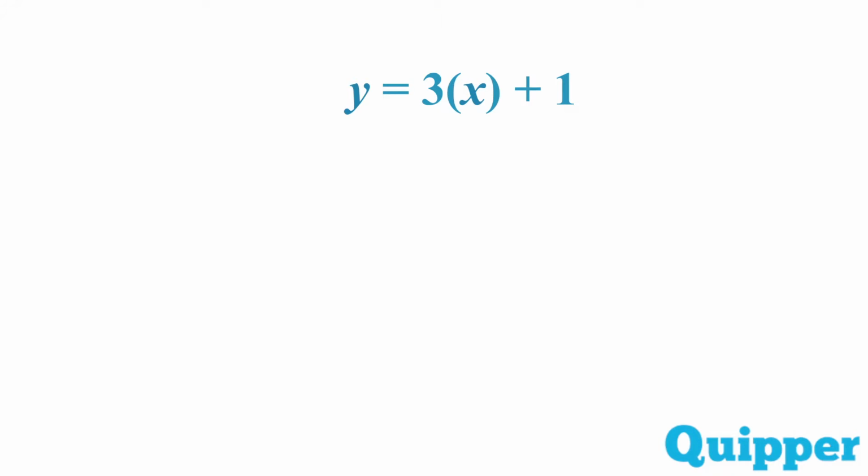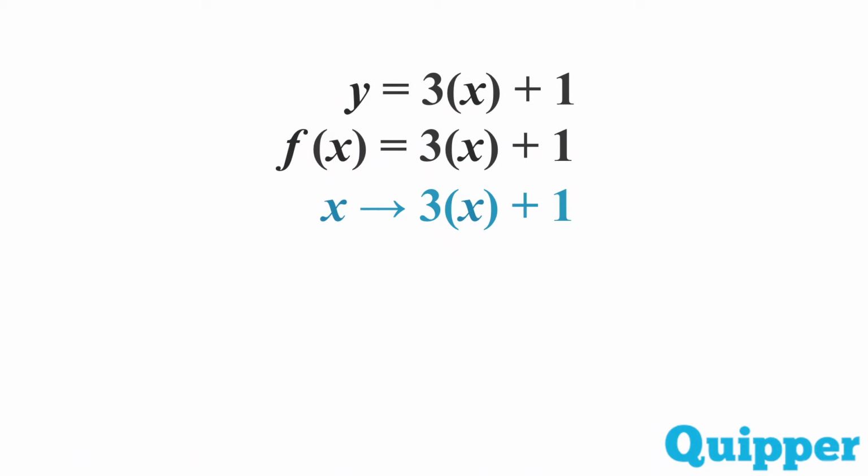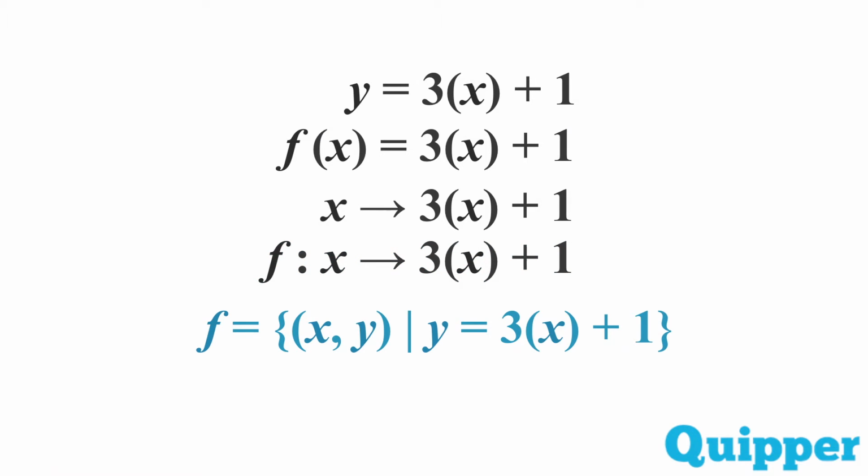So our equation, y is equal to 3x plus 1, can be interpreted as f of x is equal to 3x plus 1. This can also be interpreted as x mapped as 3x plus 1, or another notation such as f of x, where x is mapped as 3x plus 1. More traditional mathematical examples prefer a longer notation, such as f is a function of x and y, such that y is equal to 3x plus 1.